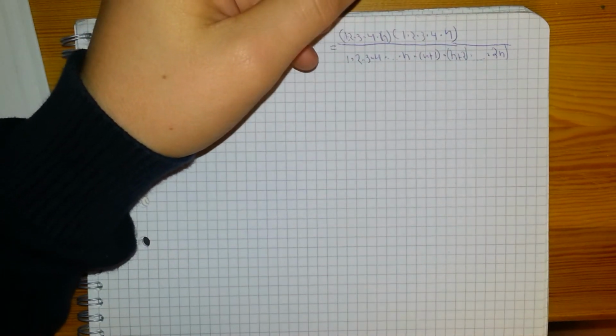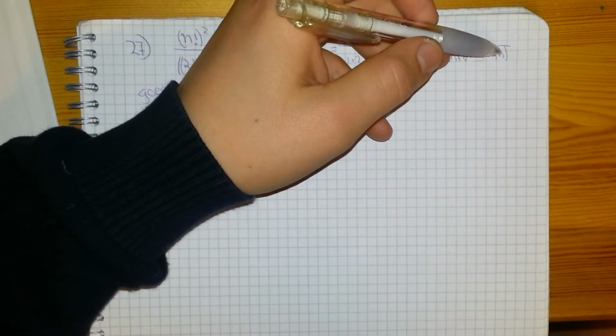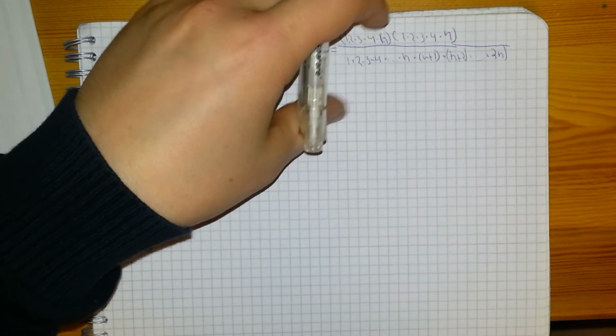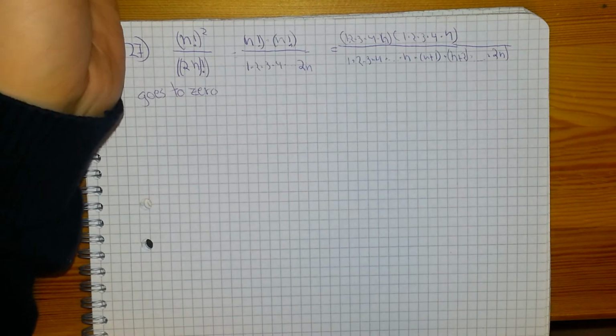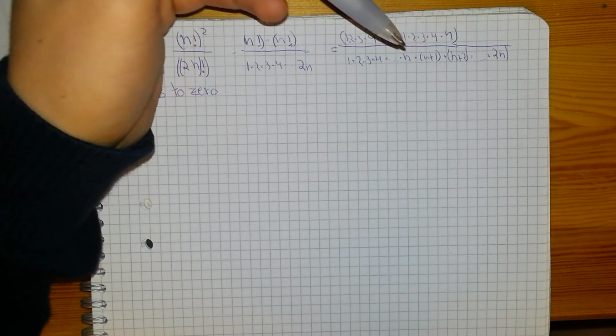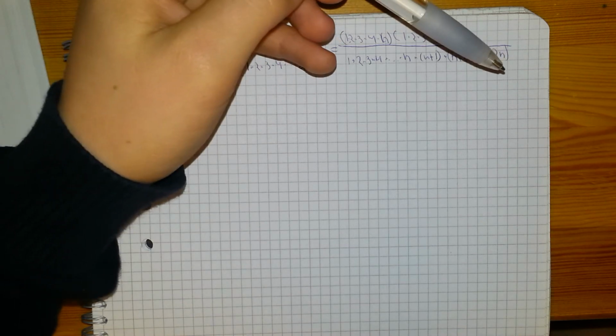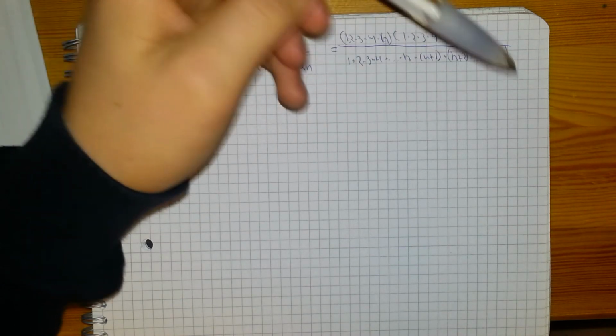Considering that n goes to infinity, we're going to have a huge number of terms, and a huge number of numbers that are going to be multiplied by a huge number of numbers, a huge number of times.